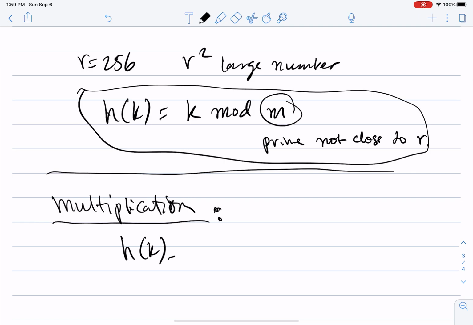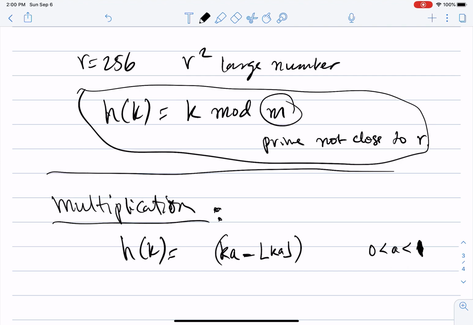h(k) would be: take k times a, for some small number a. So a will be a small number between 0 and 1. Multiply k by a, then subtract from it the floor of k times a. If you look at this carefully, k times a minus the floor of k times a is just the fractional value of the number.